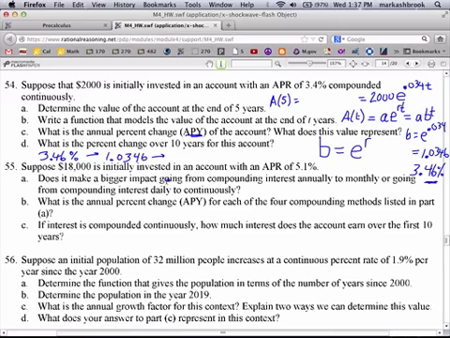And then from that we can easily get, what would our multiplier be to get the amount 10 years later? Yeah, I think every year you would multiply your amount by this number. So after 10 years, how many times will you have multiplied by that? 10 times. And that's what an exponent's for, repeated multiplication.